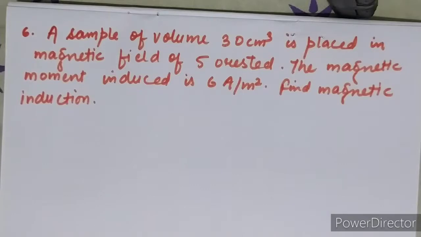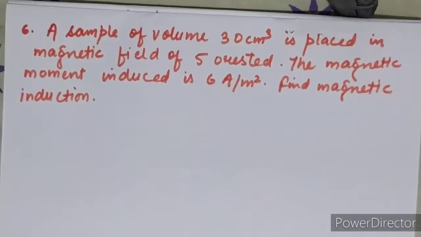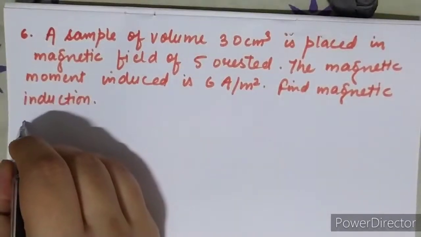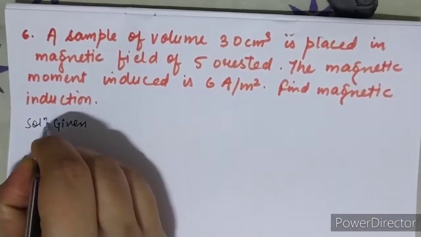Only then apply the formula with the given values. We know there are many formulas for a single quantity, but we have to focus on the given values. That's why it is easy for us when we write the given values. Clear?